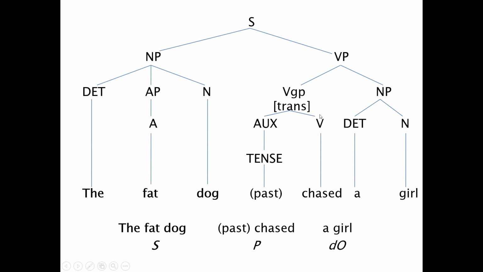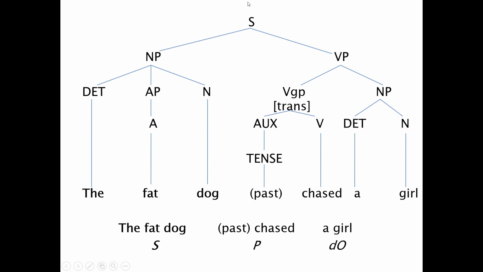So we have verb and then we have noun phrase. Verb, we have it chased. So we have subject and then we have verb. And noun phrase, we have determiner and we have noun. The determiner is a, that is indefinite article, and then the noun is girl. So the fat dog, it chased a girl, or you can say the girl.